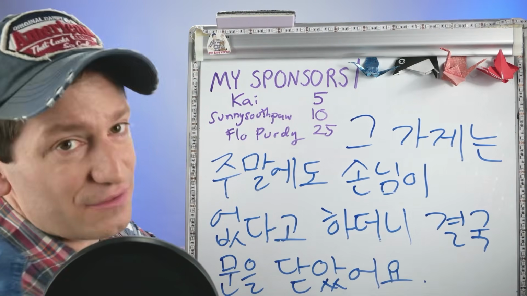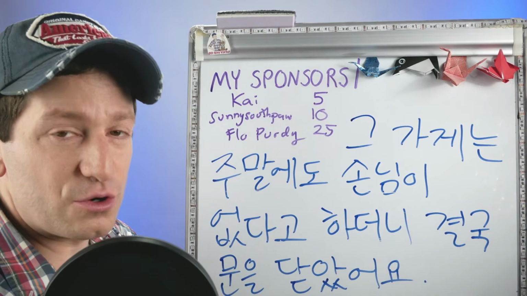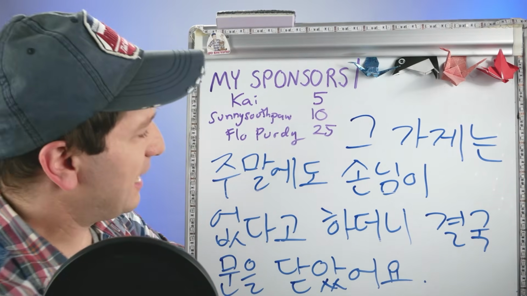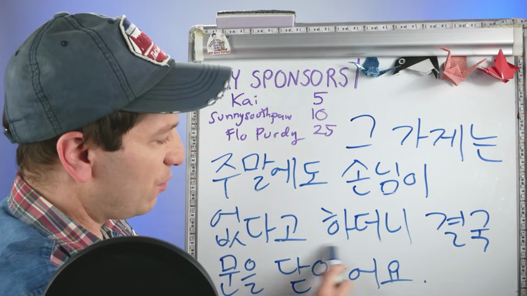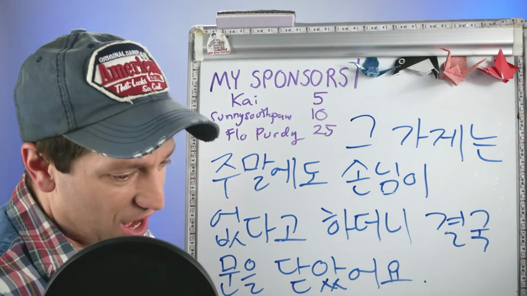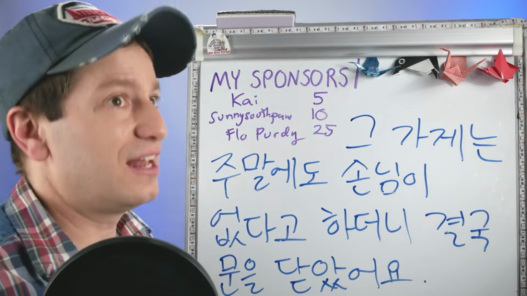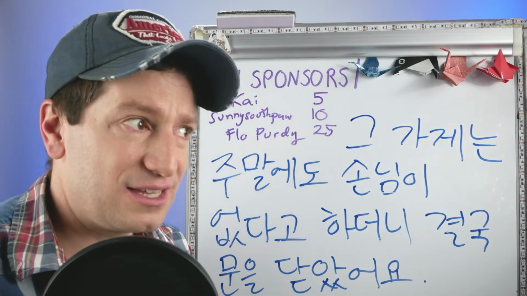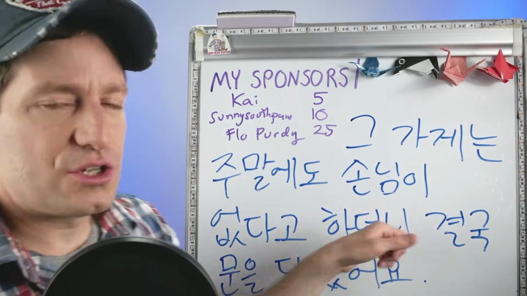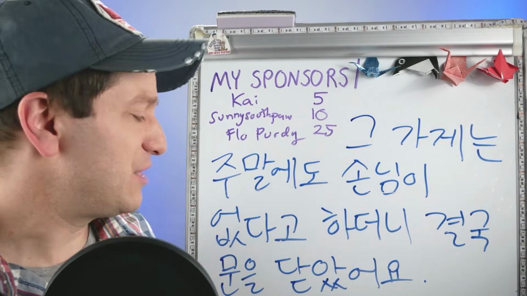And 결국, eventually, 문을 닫다, to close your doors, which is to close shop, to shut down. 그 가게는 주말에도 손님이 없다고 하더니 결국 문을 닫았어요. So that shop, they said that they don't have any customers on the weekend either. And eventually, they closed their doors. They shut down. 하더니. So they said that they don't have any customers on the weekend either. And get this, eventually they shut down.